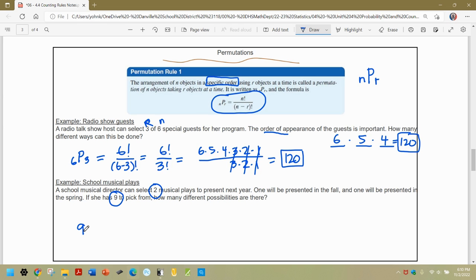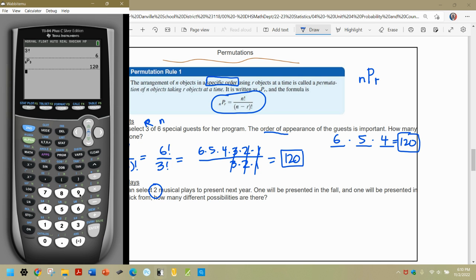And I can say 9P2. From 9 plays, I am picking 2 and I'm putting them in a particular order. So I can go to my calculator and I can do 9P2 and hit enter, and I get 72 different ways.